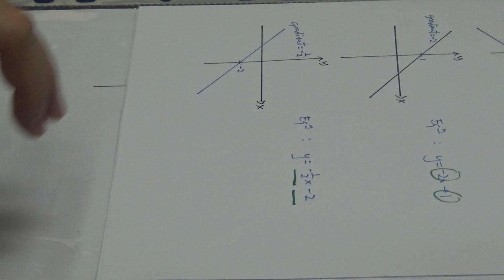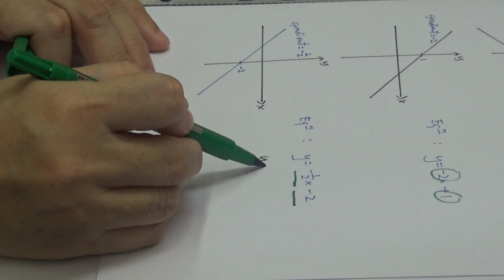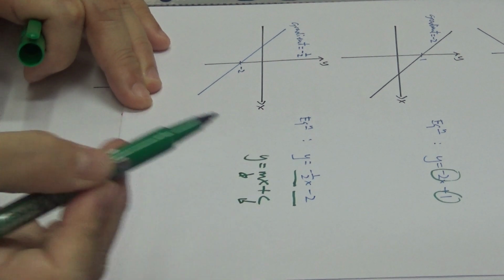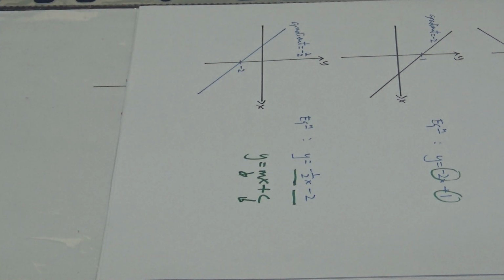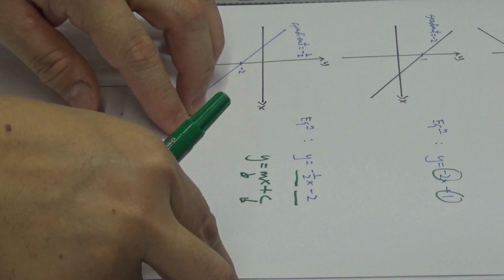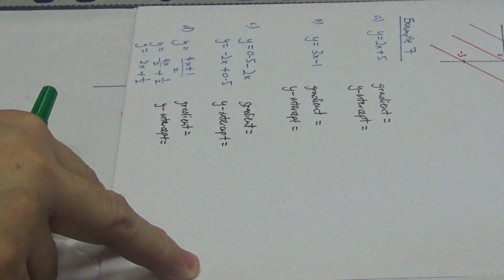So remember, the general form is y equals mx plus c, where m is the gradient and c is the y-intercept. We will just have to plug into the equation like that in order to get the gradient and the y-intercept. These are the examples that I want to show you.